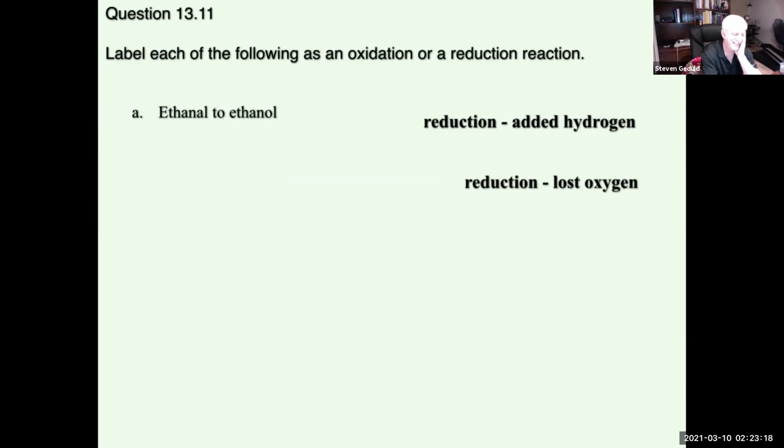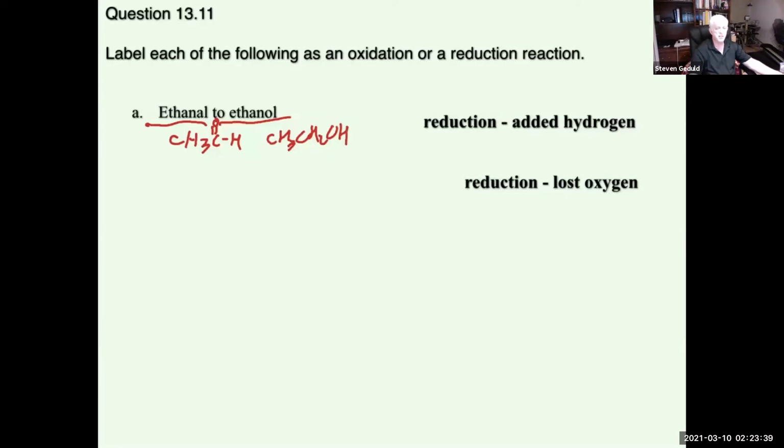Ethanal goes to ethanol. Ethanal is an aldehyde, CH3CHO, and goes to ethanol, CH3CH2OH.